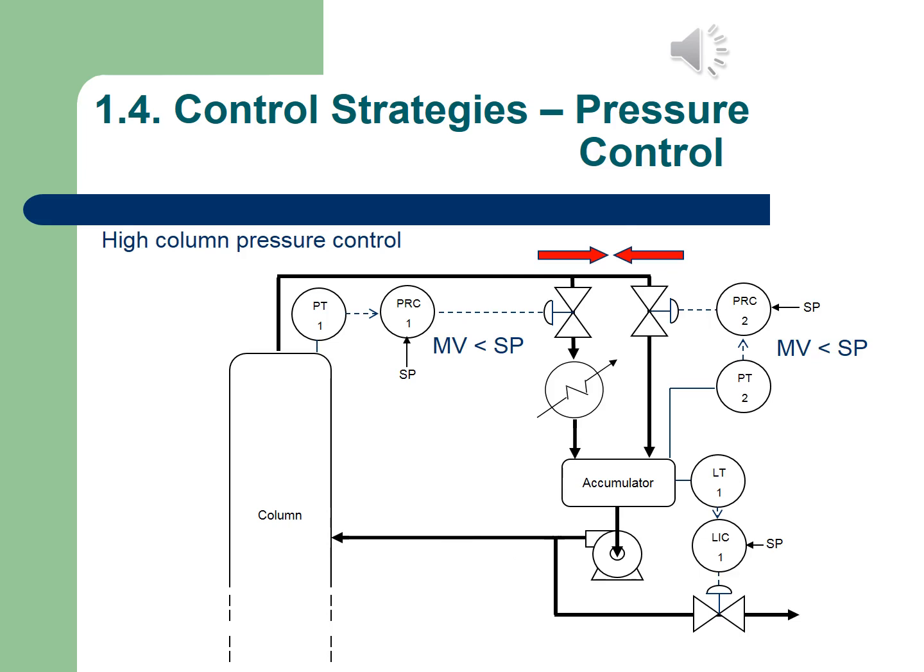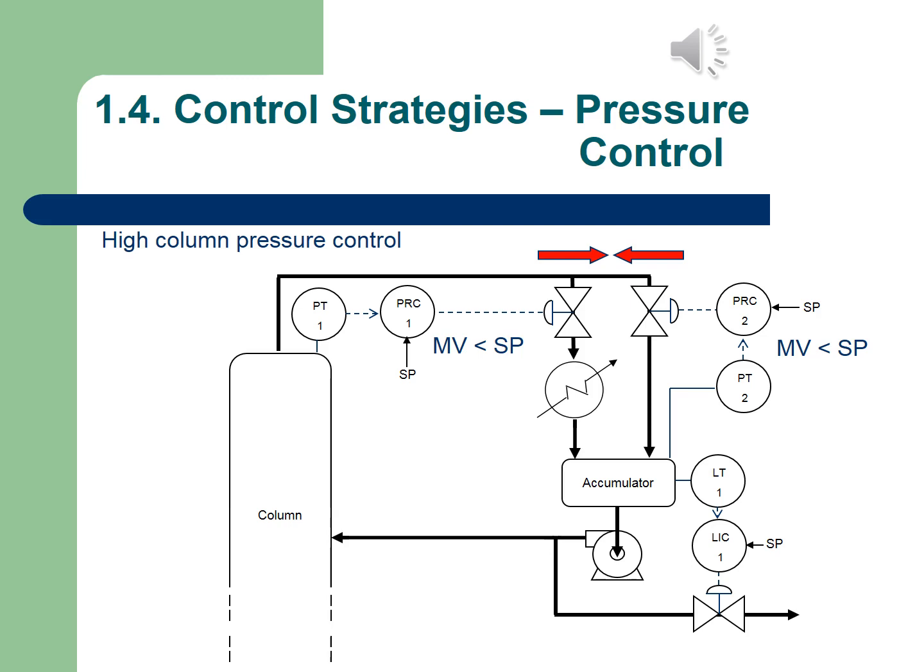Okay, on the next high column pressure control, we can see that we do have two lines that go to the accumulator. So there's two valves. The one's connected to a heat exchanger, and the other is connected to the accumulator, where we measure the pressure inside the accumulator.